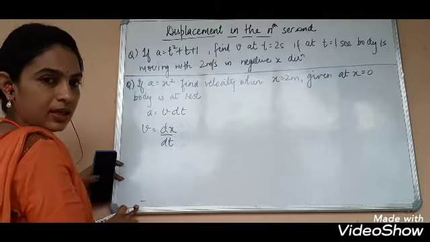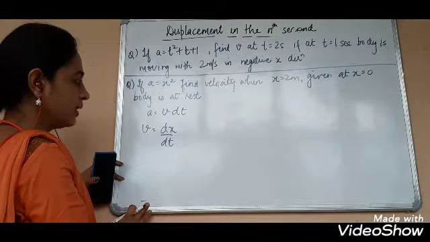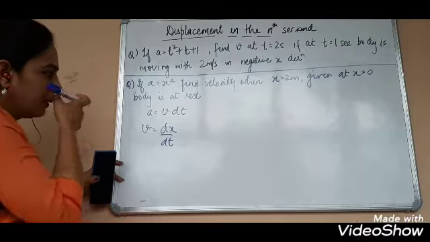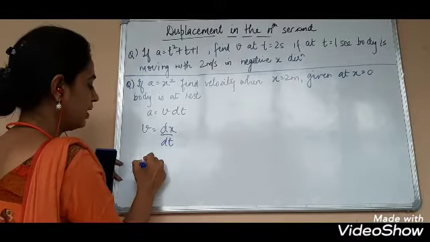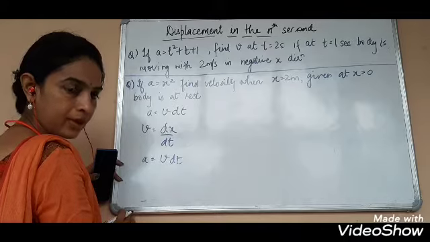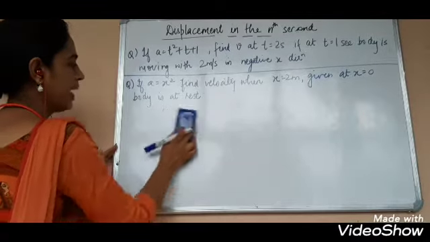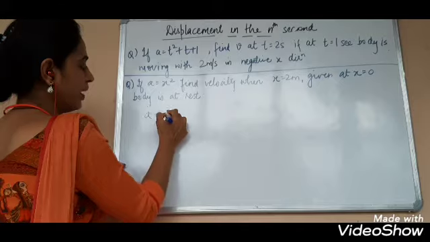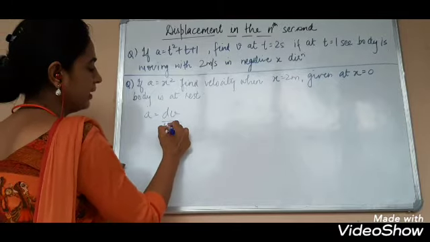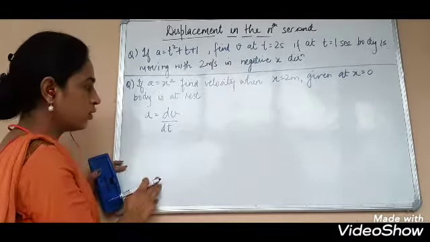Since x is given over here for displacement, we can write v is equal to dx by dt. Now acceleration is given by dv by dt. Simply, let's make it simple. You know acceleration is the rate of change of velocity.